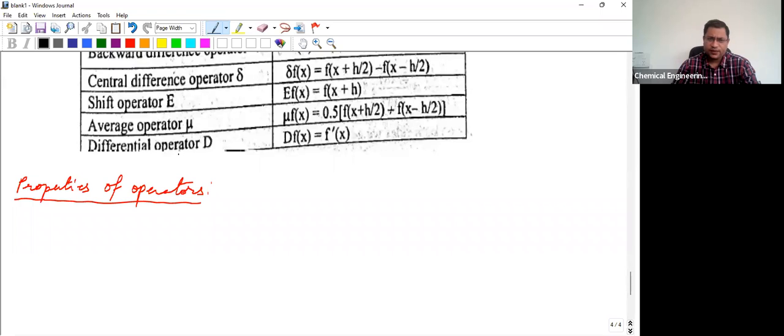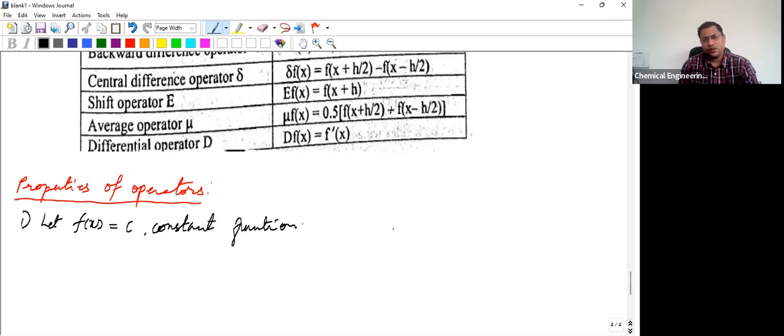Now we need to understand the properties of the operator. So first, as I said, all of these operators follow very similar properties. So if we consider, let f of x be a constant function. Now consider the forward difference of this f of x.